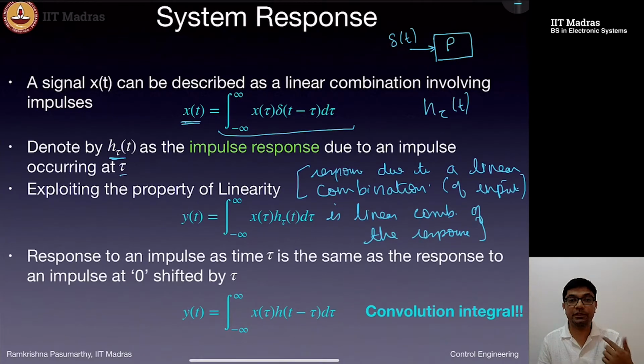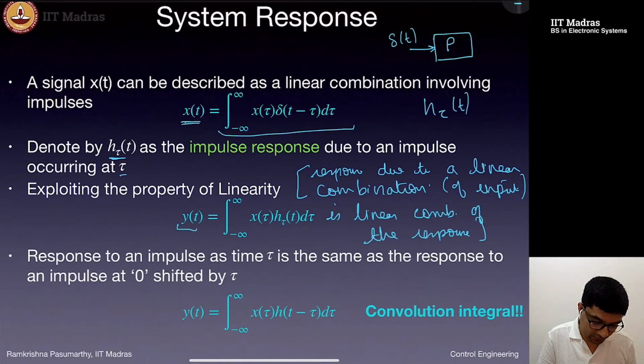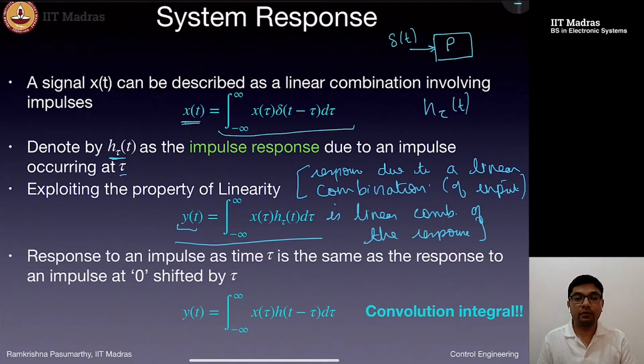Largely, this is the superposition, right? So now I can write y of t, the entire response, not just for an impulse at tau, but the entire response can now be written from superposition in this way.